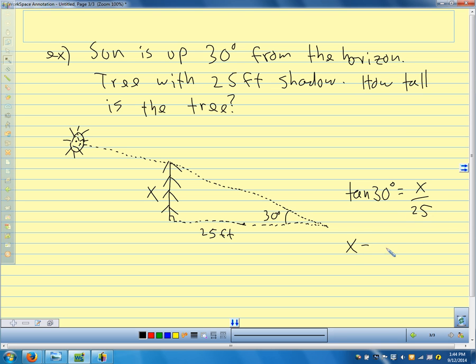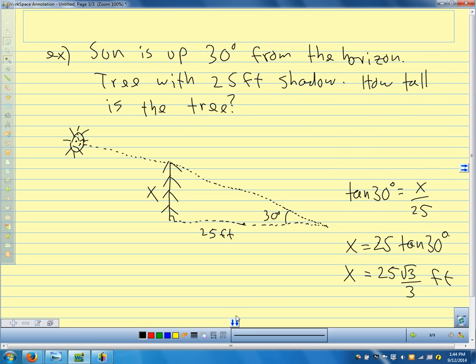So x equals 25 tangent 30. And didn't we just figure out what tangent of 30 degrees was? Square root of 3 over 3. So that would be our exact answer: 25 square root of 3 over 3 feet.